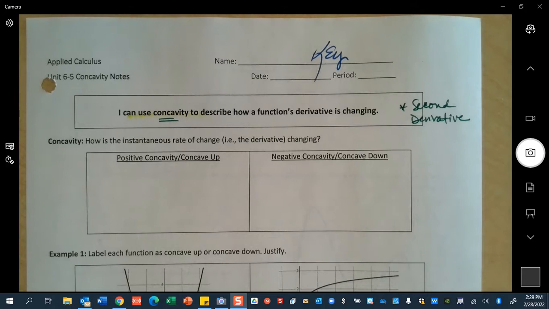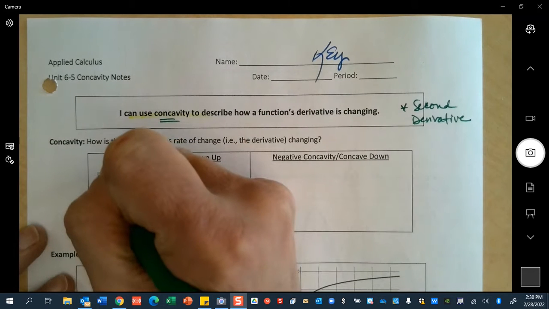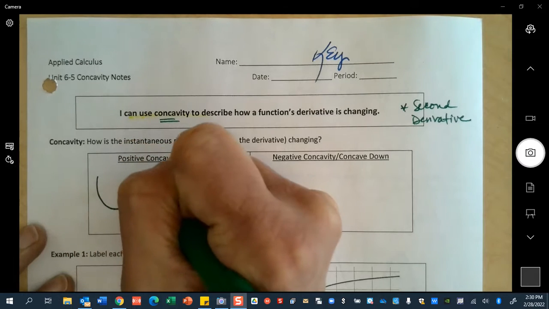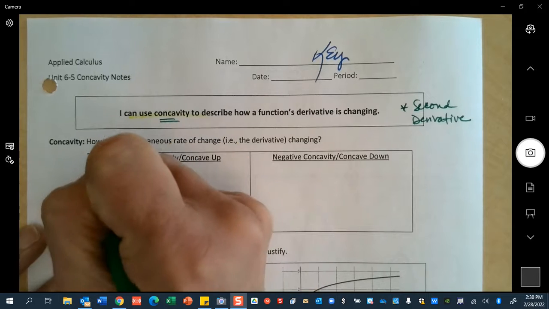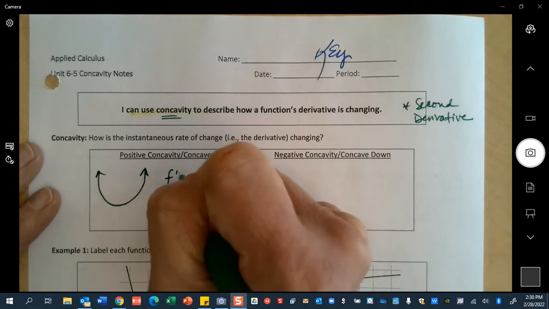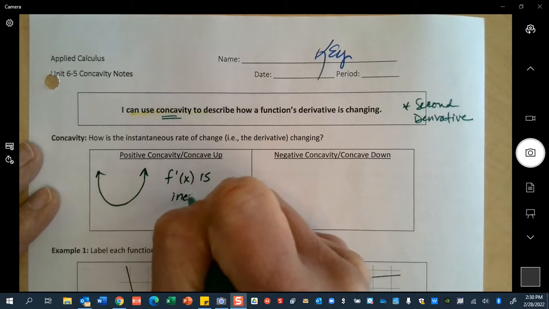When we talk about concavity and looking at that change, anytime that we have a positive concavity, that is when we talk about something like up like a cup. If our concavity is up like a cup, we say that is positive, and that is because the derivative of our function is increasing.